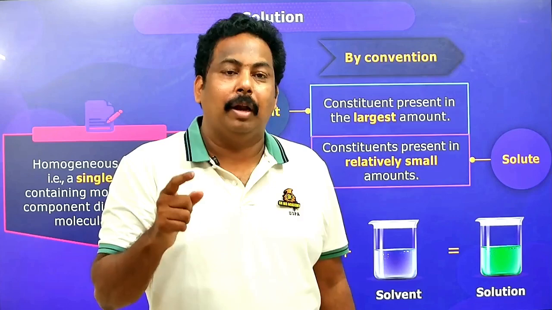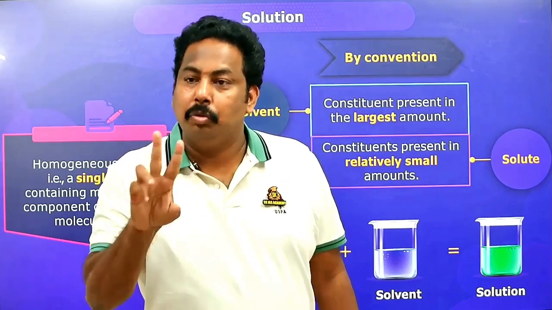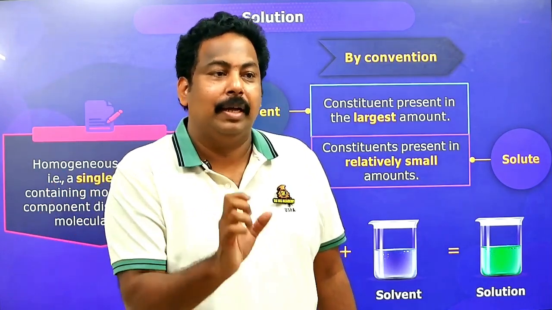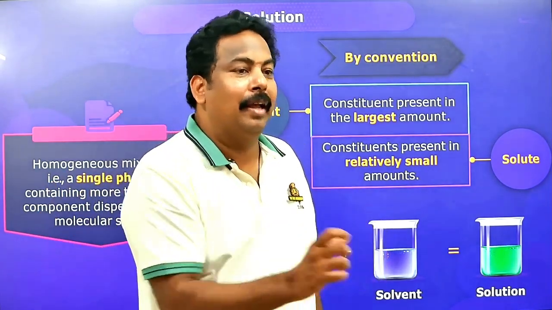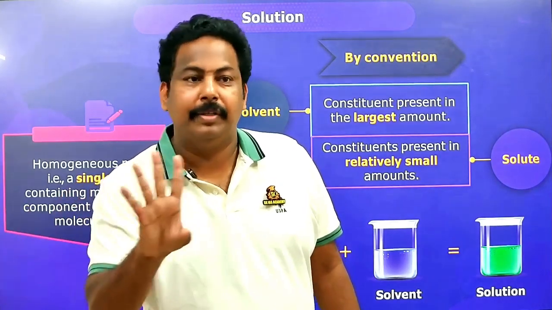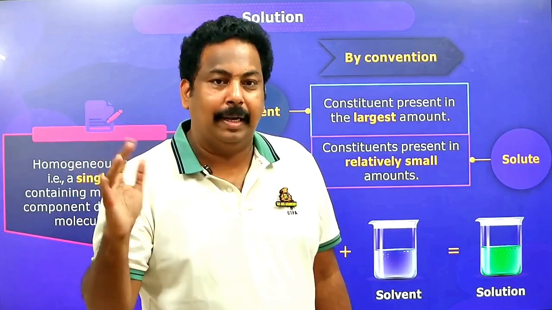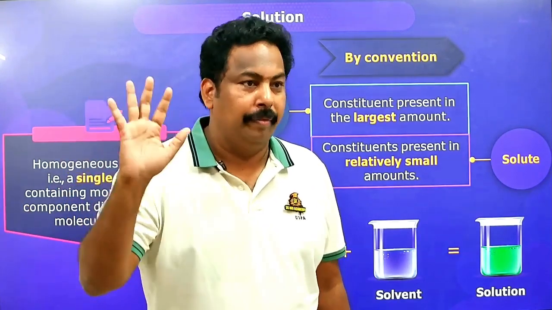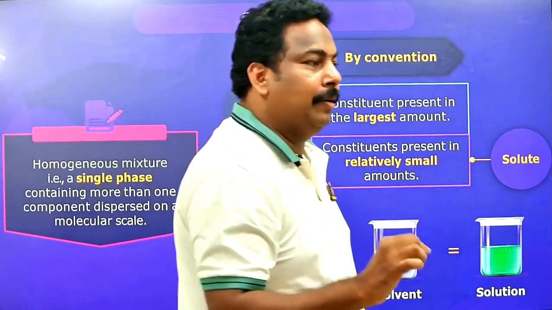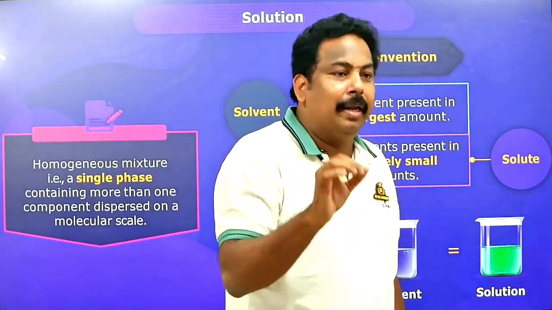You call it ternary because two solutes and one solvent make three components. Quaternary means three solutes and one solvent. Penta, hexa, septa will go on. But NCERT has given very clear notation that we will be dealing with only binary solutions.